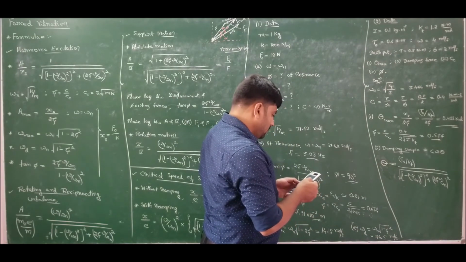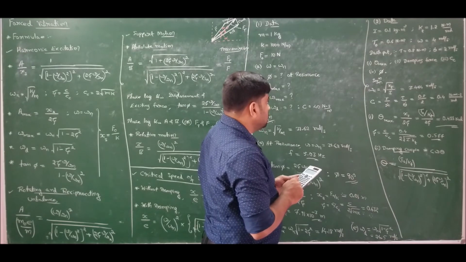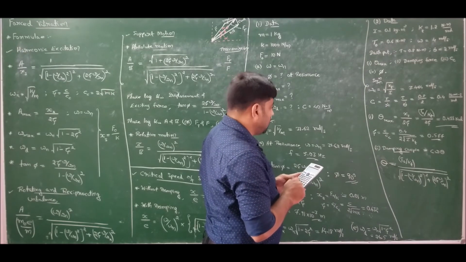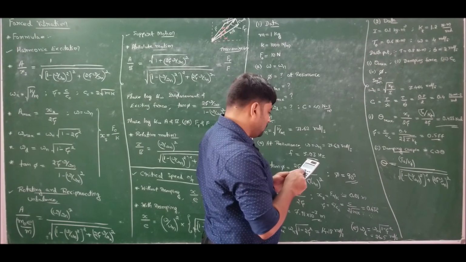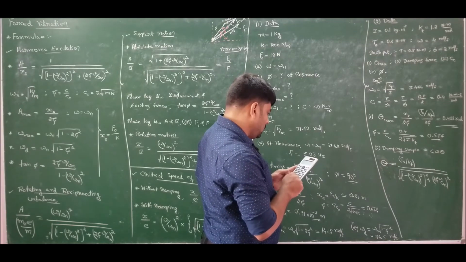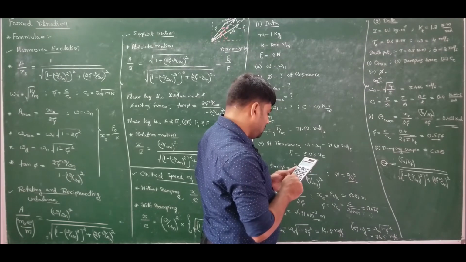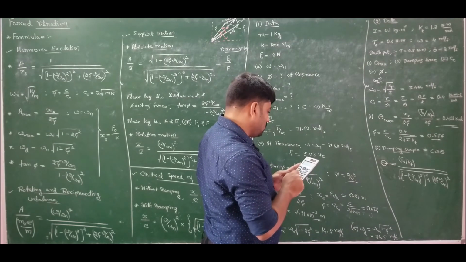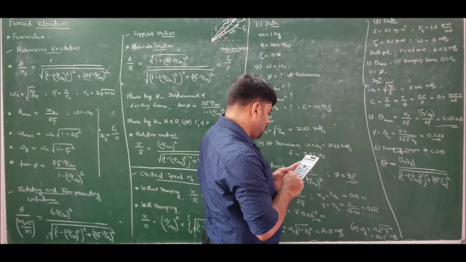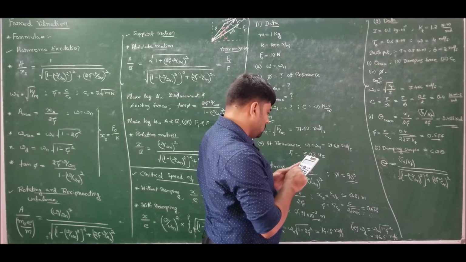If I substitute and solve, what am I going to get for theta? T naught is 0.6 divided by kt, 1.2, divided by the square root of 1 minus (omega by omega n) whole square, where omega is 4 and omega n is 3.464, plus (2 into zeta, 0.577, into omega by omega n) whole square, with omega 4 and omega n 3.464.